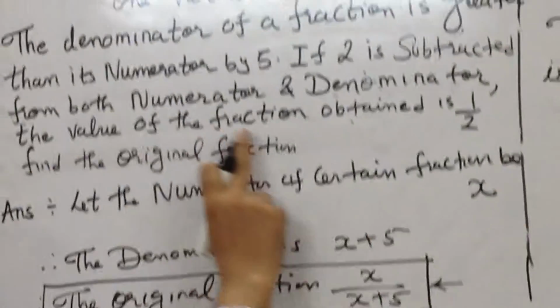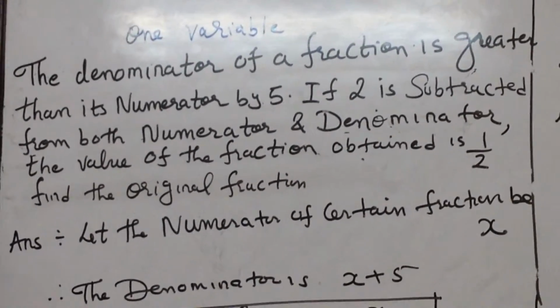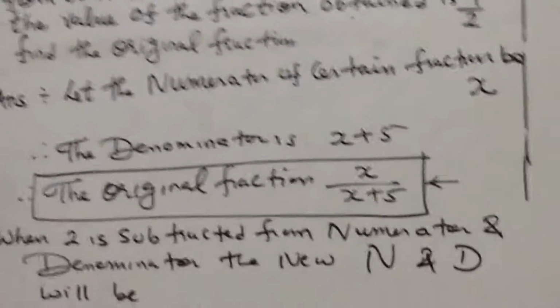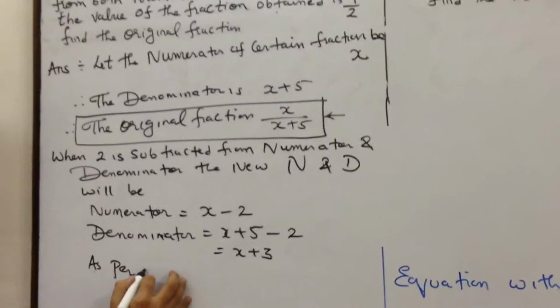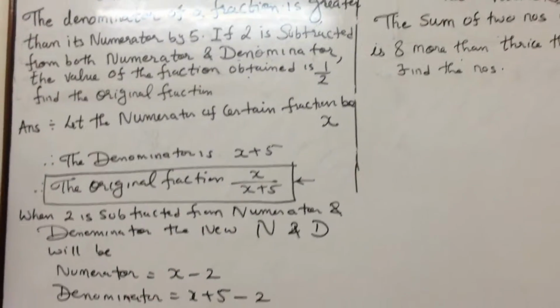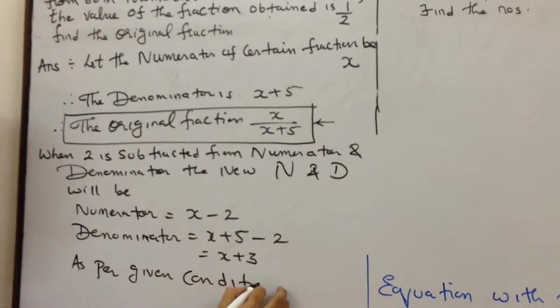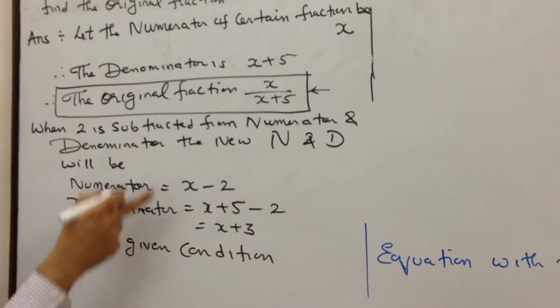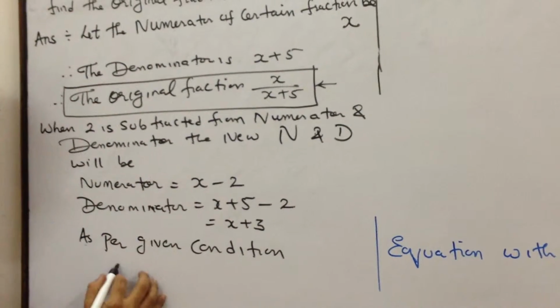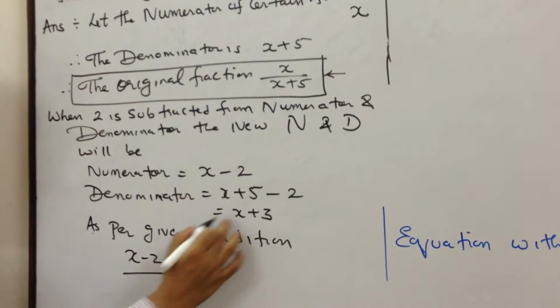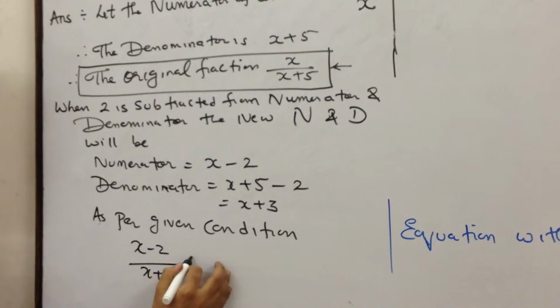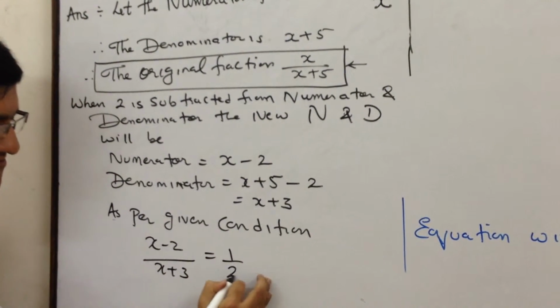Further the sum says that the fraction obtained is half. So as per the given condition, the fraction is again numerator upon denominator, so it's x minus 2 upon x plus 3. The answer is half.